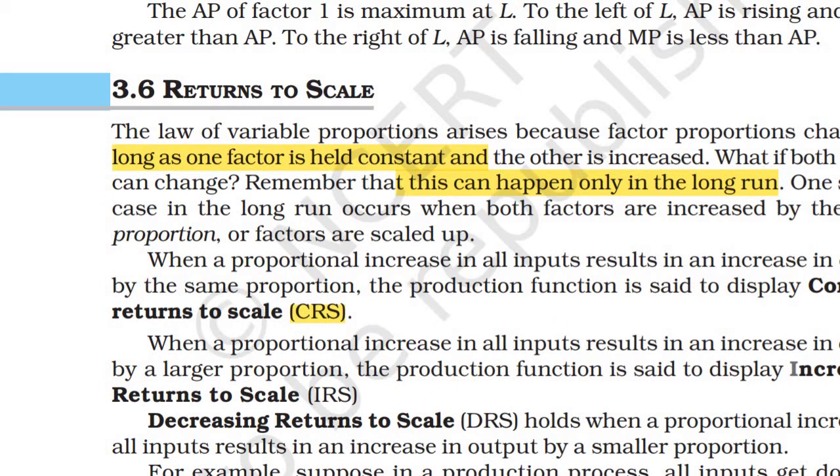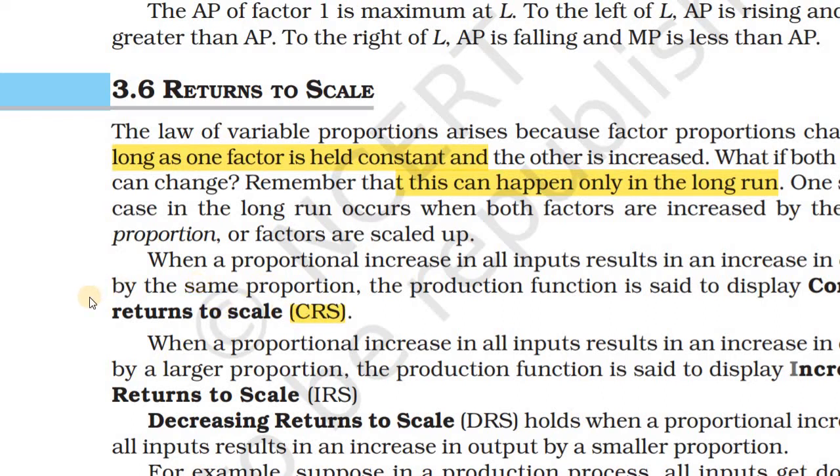For example, if you increase labor by 5% and capital by 5%, and output also increases by 5%, then we call it constant returns to scale.